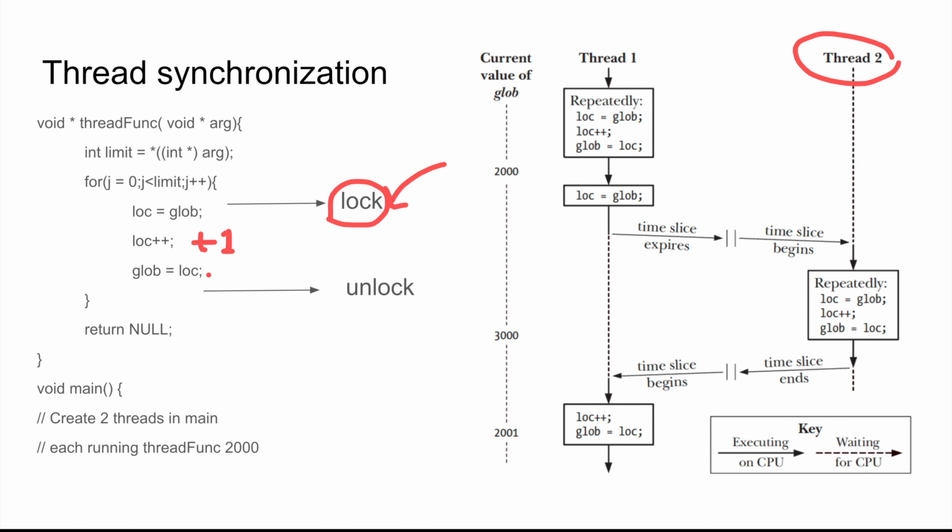Once T1 exits this code section and invokes unlock, only at that point of time can T2 enter this code region. With this, the access to the shared variable is now protected.